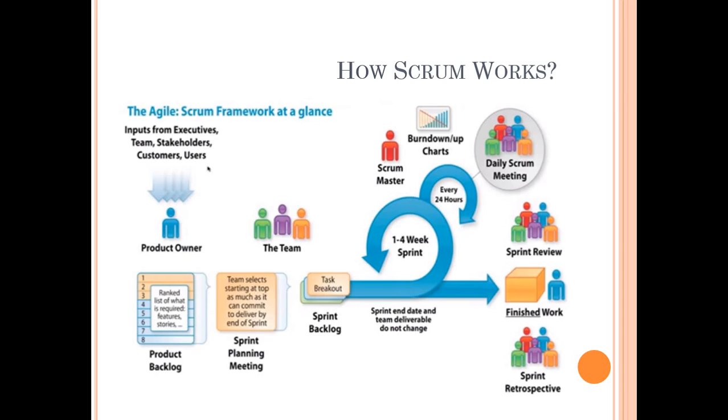In the sprint retrospective, only the Scrum team joins this discussion, where the whole team discusses what they did well, what they did not, what they have to stop doing, wrong practices or something which is not required, what they have to start doing, what is more effective or efficient, and what they have to continue, which they have followed in a good form. So these three questions they discuss.